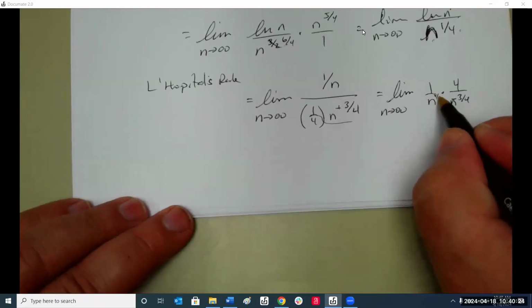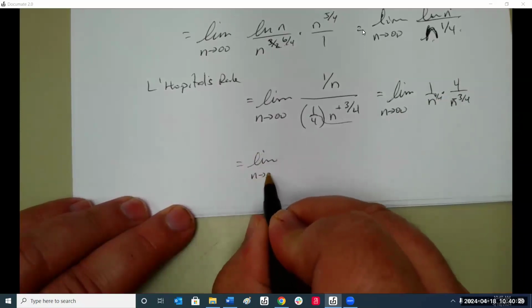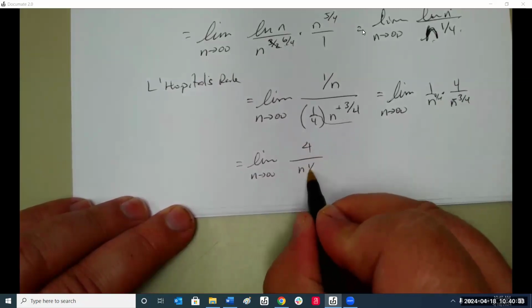So this is 4/4. So we get the limit as n goes to infinity of 4 over n to the 1/4.